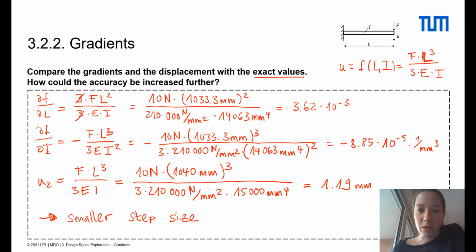So if we use a smaller step size, we get a more accurate gradient. You could also use higher order approximations or stuff like that, but working with the step size is probably the easiest possibility. And that's it for the second task of this exercise.